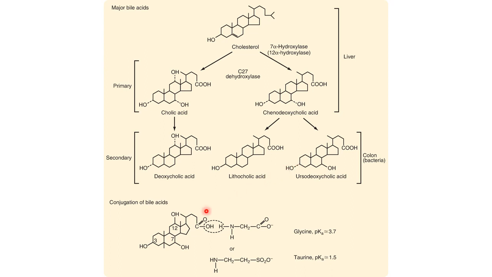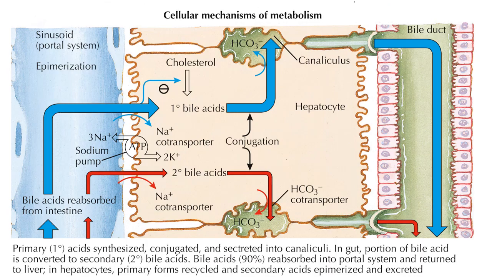So the bile acids can further be conjugated by bacteria with either glycine or taurine. Okay. These are your amino acid conjugations at this position, the terminal carboxylic acid group. So again, this is an illustration from Dr. Netter.